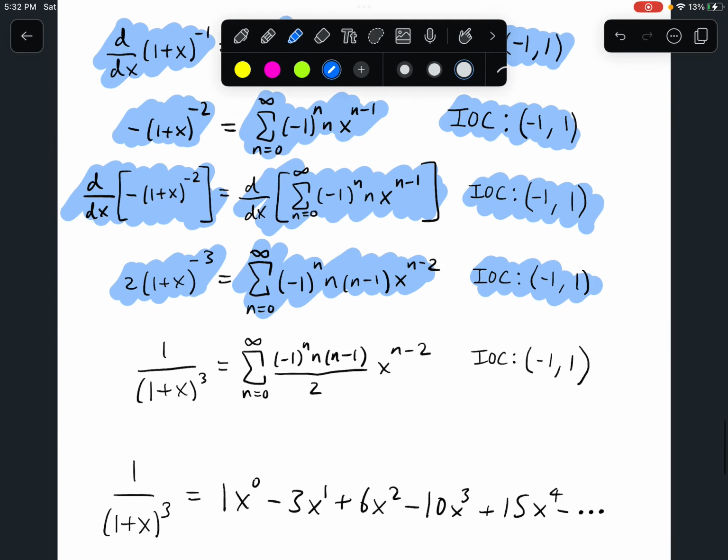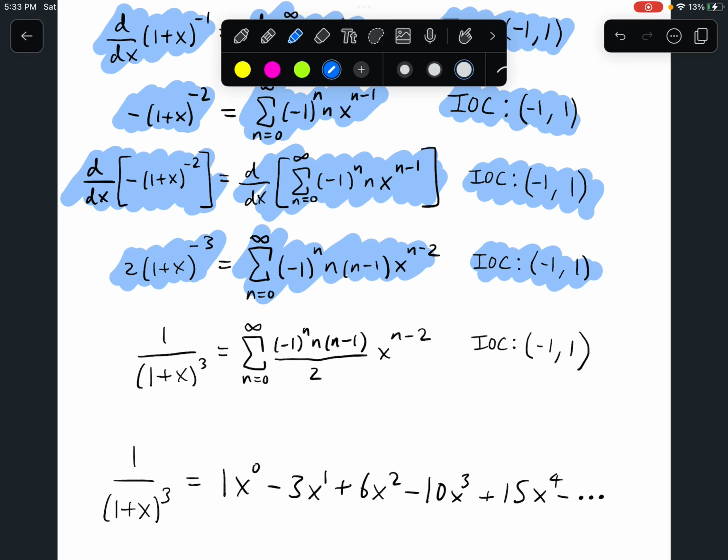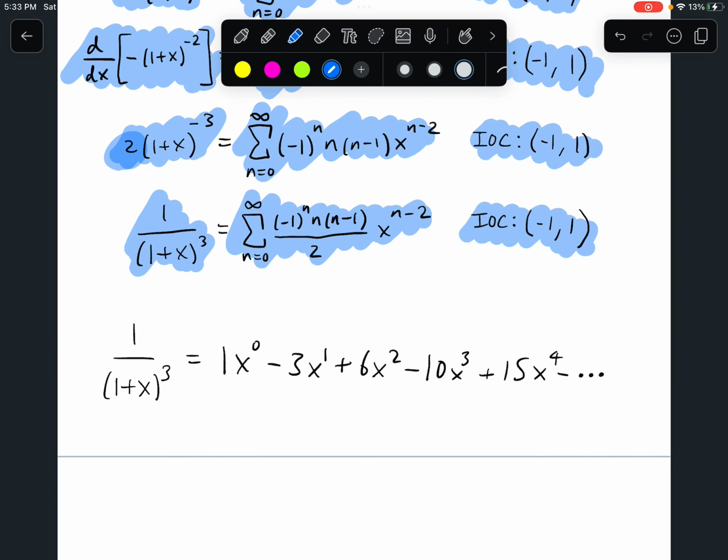And now all we do is we bring the 2 over here and we just divide by it to get our answer. 1 over 1 plus x to the third can be expressed with this expression and with this interval of convergence. So that's great. We solved our problem.